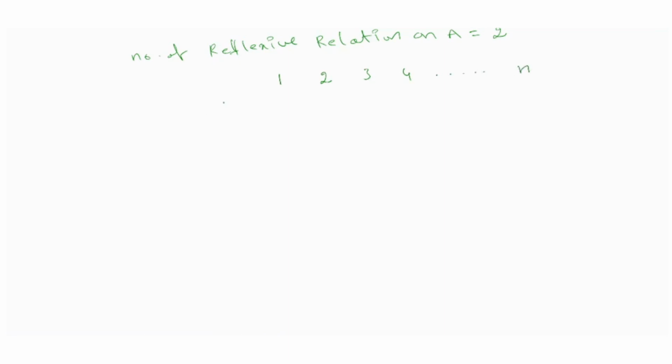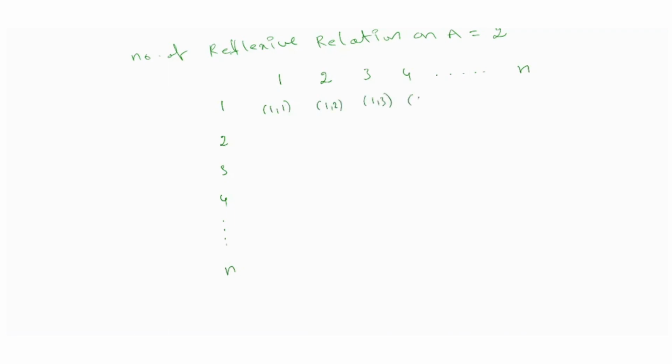Similarly the row headings are also 1, 2, 3, 4 and so on up to n. So column headings and row headings are given. Now the common element for these is (1, 1), then (1, 2), then (1, 3).